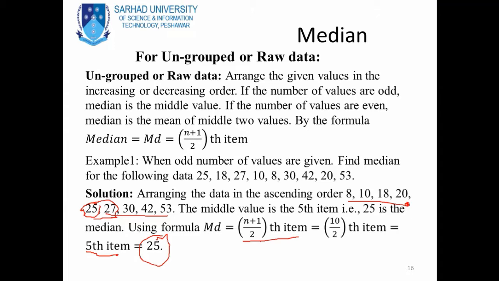If the number of data is odd, then you will obtain a single number at the center position after dividing the data into two portions. But if the number of data is even, then you will get two terms at the center position after dividing the data into two parts. Then simply add the two terms and divide by 2, and you will get the center point of the data.